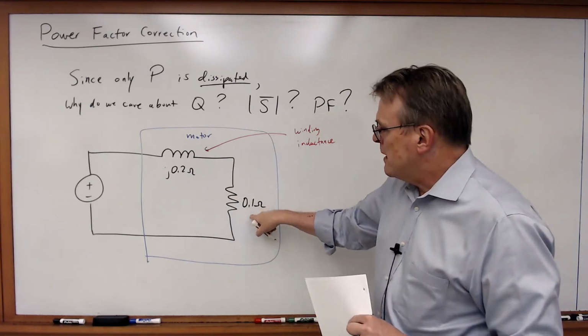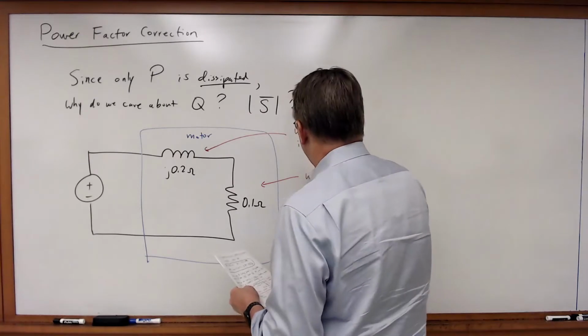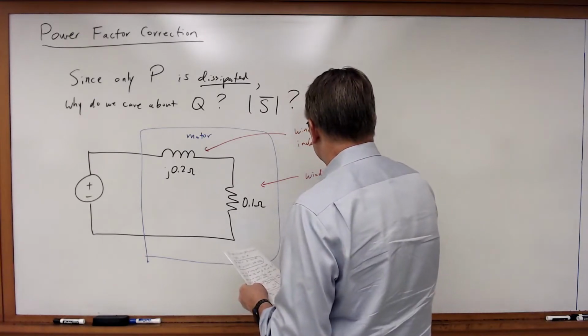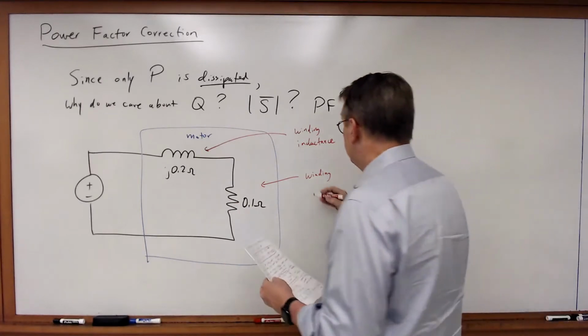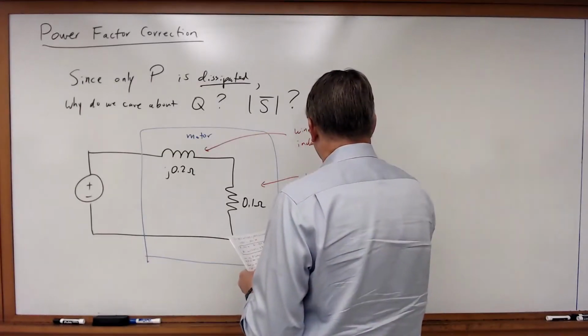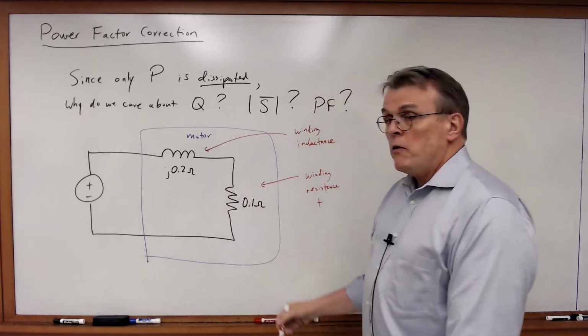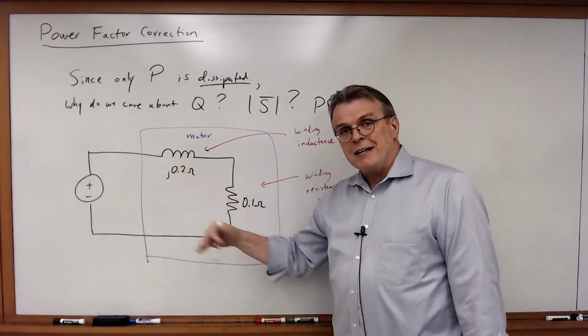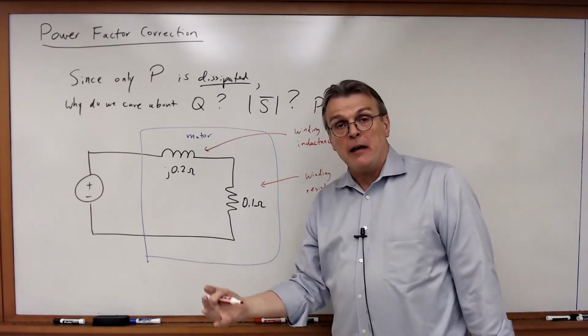And I've also got a 0.1 ohm resistor, and this is going to represent the winding resistance, since I'm going to assume the wires are not made out of superconductors. Plus, in a motor, we're going to take some of that electrical energy and convert it into mechanical energy, and it's going to be dissipated in mechanical form.